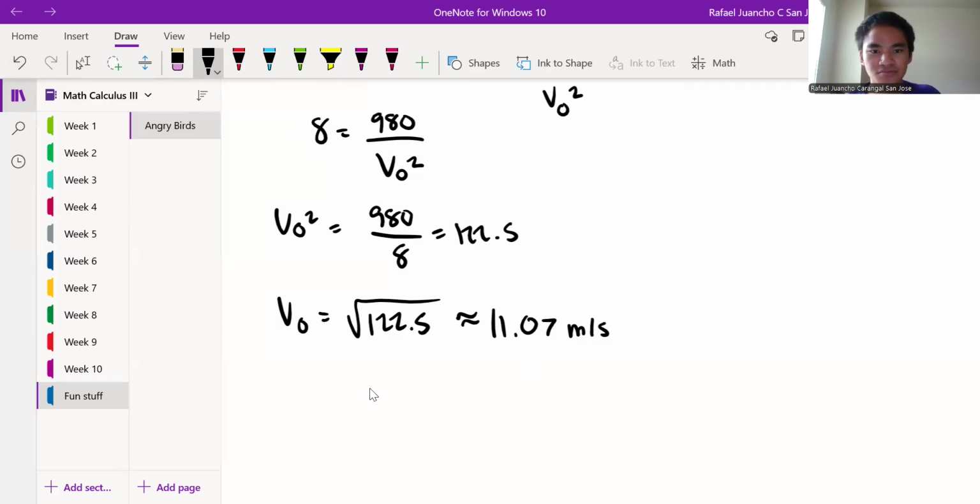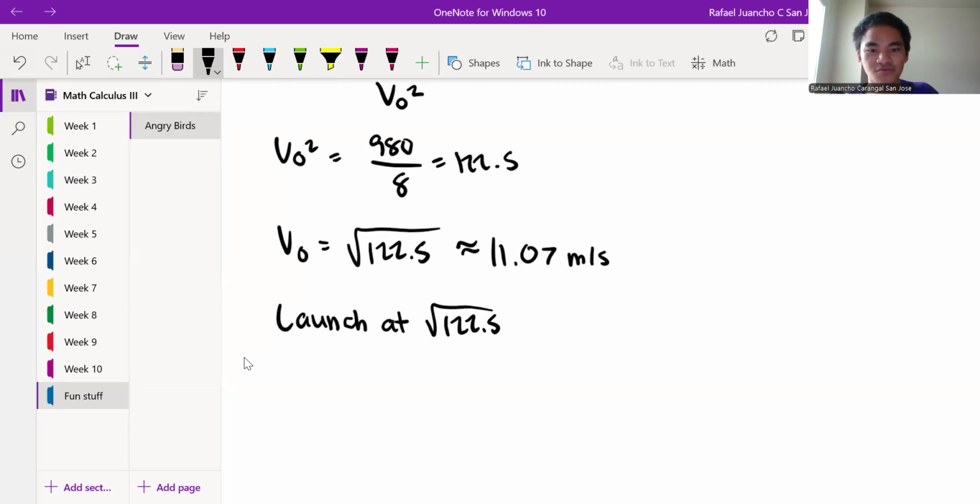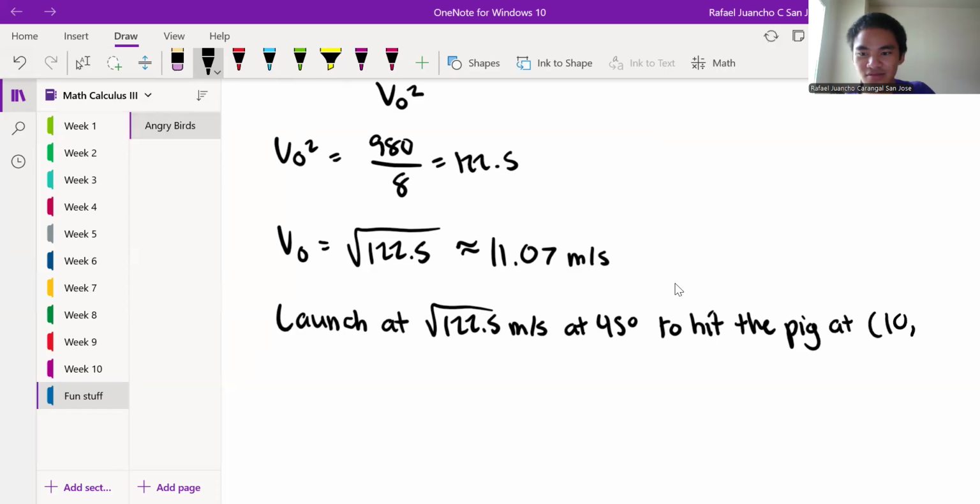So the conclusion is, if we want the bird to hit the pig, we have to launch at square root of 122.5 meters per second at 45 degrees to hit the pig at 10, 2. So that's our conclusion.